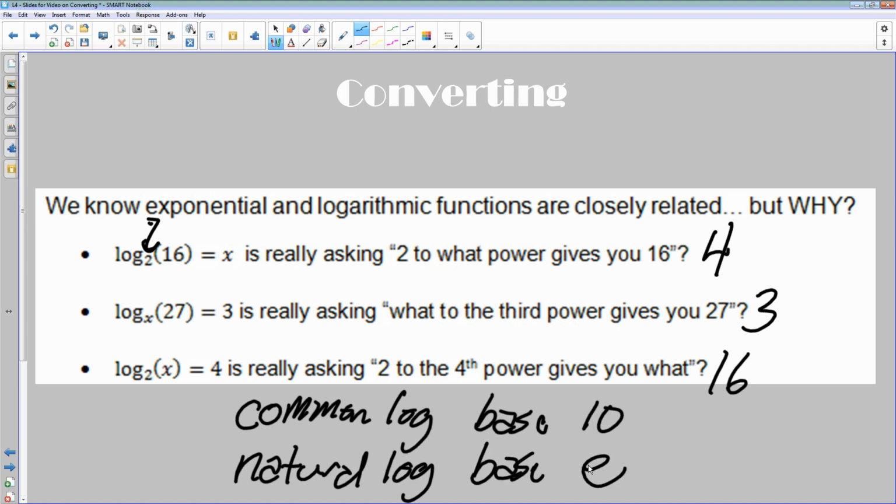That e number was also given to you last block. It's about 2.71828. It goes on forever. It's like pi, an irrational number that goes on forever, also known as Euler's number.